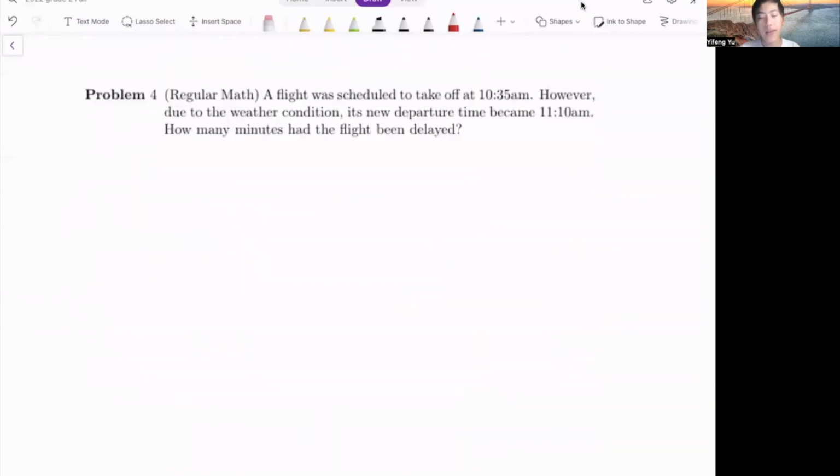Problem 4. A flight was scheduled to take off at 10:35 a.m. However, due to the weather condition, its new departure time became 11:10 a.m. How many minutes had the flight been delayed? So if it was scheduled to go at 10:35 a.m., then its actual time was 11:10 a.m., and we need to find the time in between these.